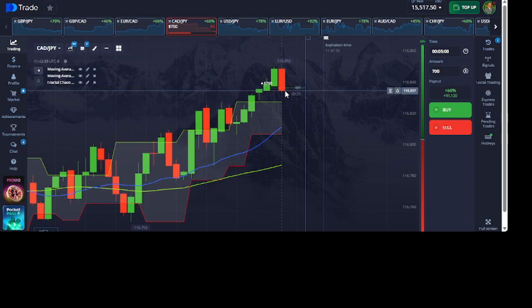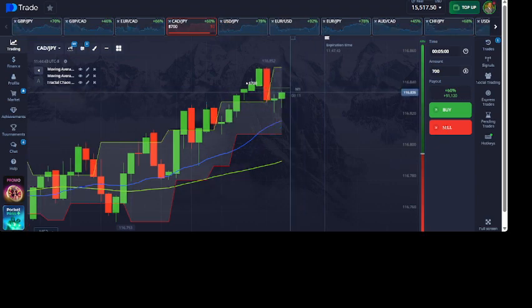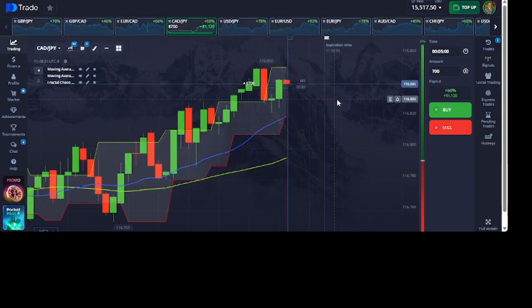I'm going to pause the video till about 30 seconds left so we can see the results of this trade. Okay, so we have about 30 seconds left in the trade. The price retraced back downward here, but hopefully we'll see a bullish push to the upside here.